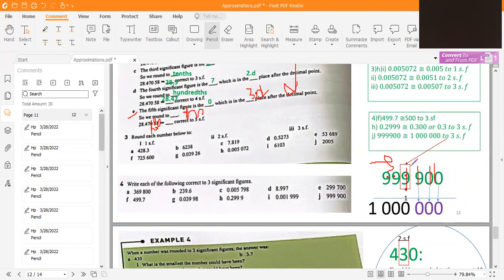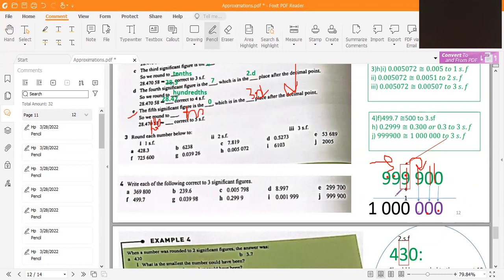So we compare the next digit to the right: 9. 9 is bigger than 5, so we add 1 here. We replace all the digits on the right of the thousand column by zeros, like we see here, and we add 1 to 999.